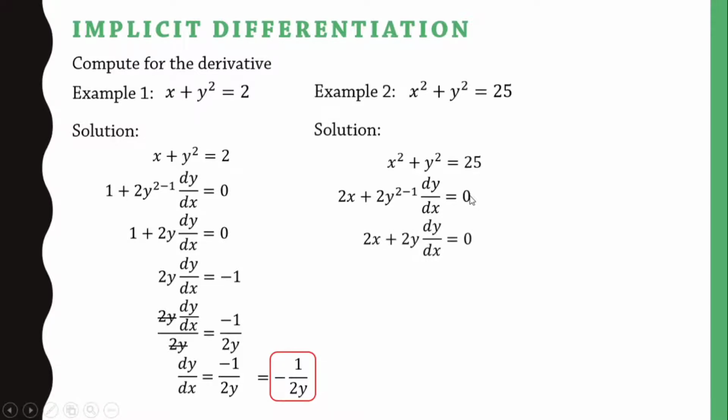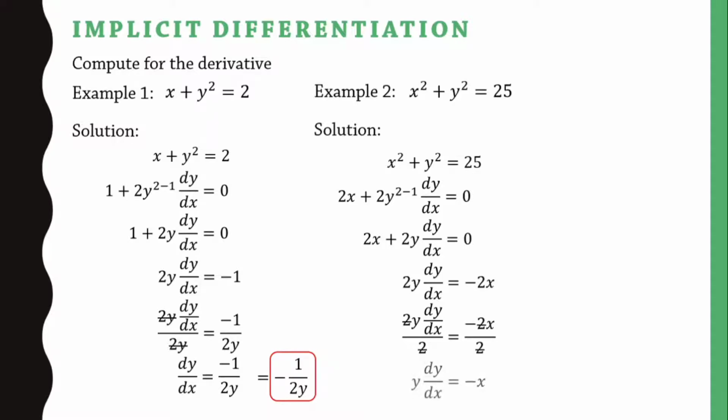Then we simplify, that's 2x plus 2y dy over dx, that is equal to 0. We only need dy over dx on this side, so 2x, put that on the right side. That's negative 2x. So 2y dy over dx is equal to negative 2x. Then divide both sides by 2y so that what will be left is dy over dx on the left side.